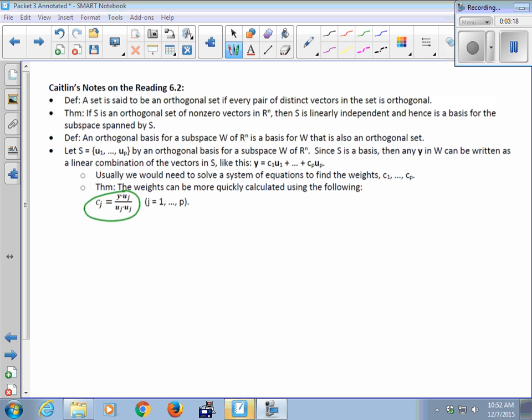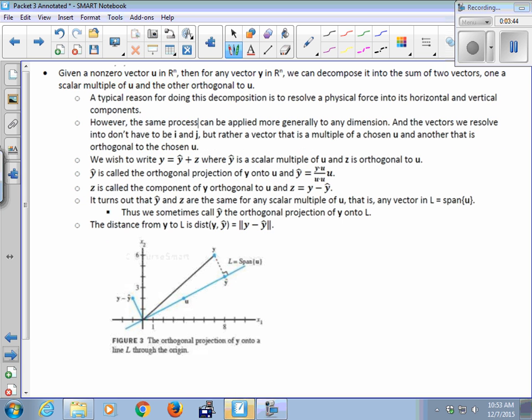Like if you wanted to find the first weight, C1 would be y dotted with u1 over u1 dot u1. You're given a y and you're trying to write it as a linear combination of vectors in the basis. So y is given, and u1 is the first vector in the basis set. We'll do an example. It'll be clear, I think.